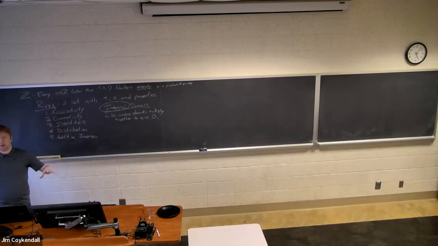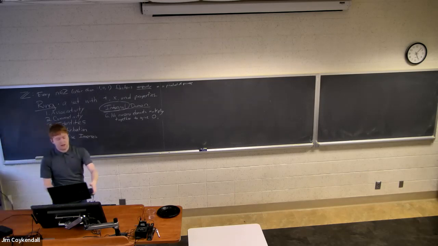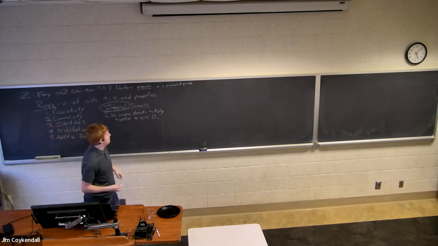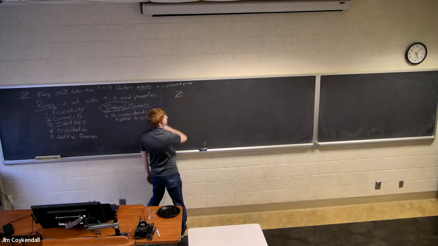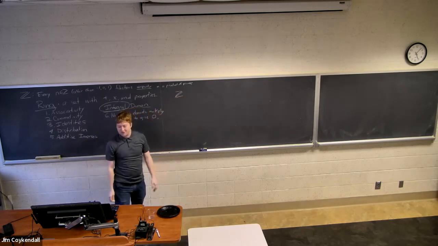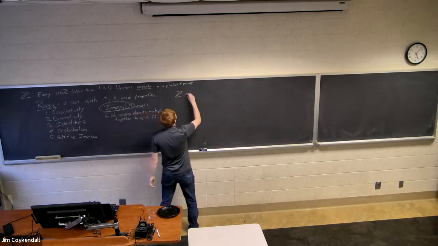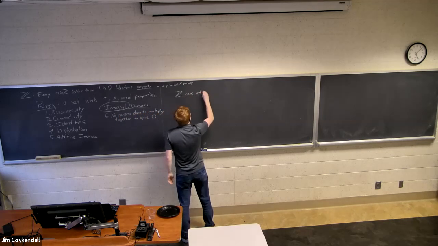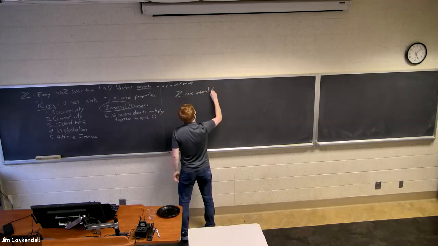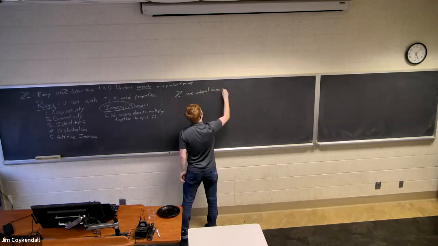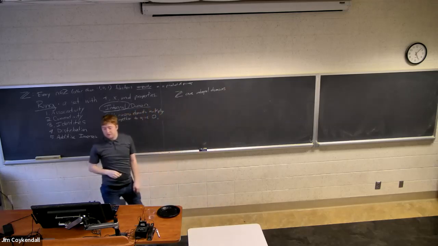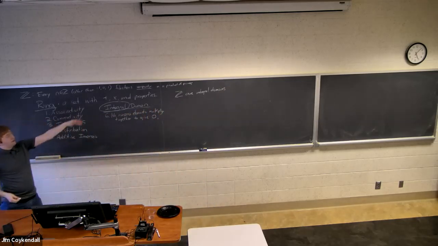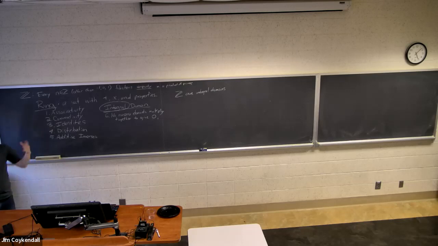So just to get a feel for what these rings look like, let's take a look at a couple of examples. The integers, as we already said, are an integral domain. And as we have already said, the integers have this nice property where everything factors uniquely into products of primes.